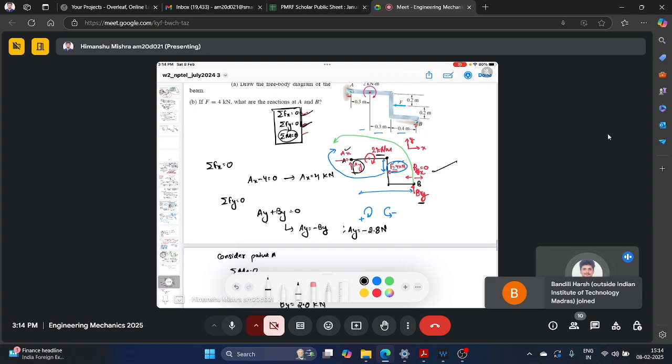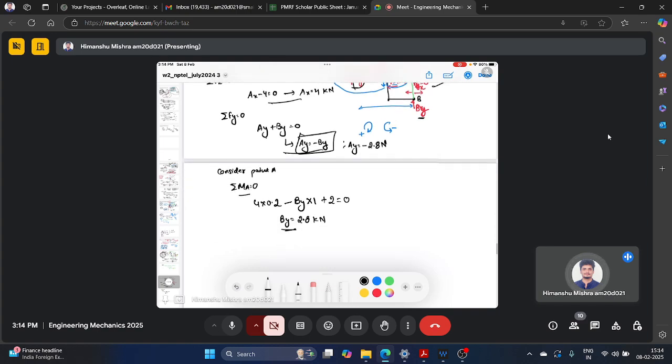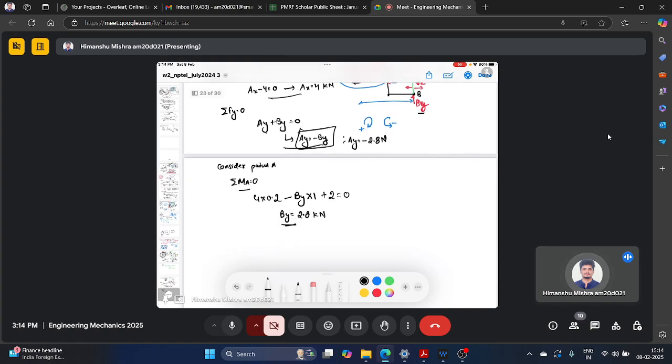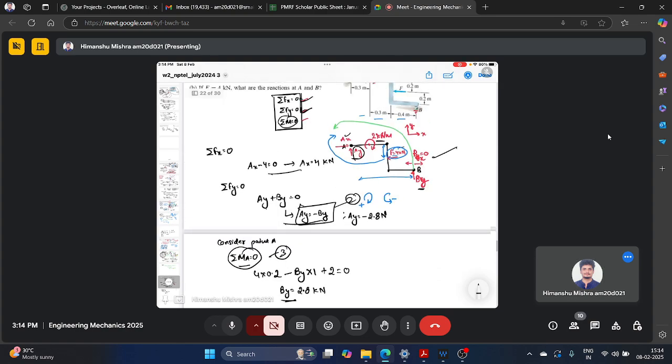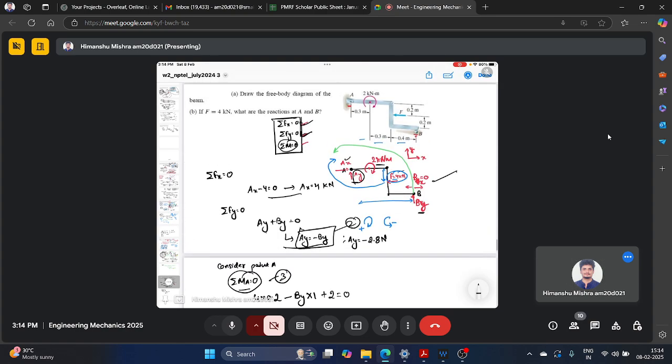First we make the free body diagram, then we use the summation of force equation, and we got one equation, and we found that in this equation two quantities are unknown, so we required a third equation, and by using equation 2 and equation 3, we are able to find the unknown reaction forces. So any doubt?